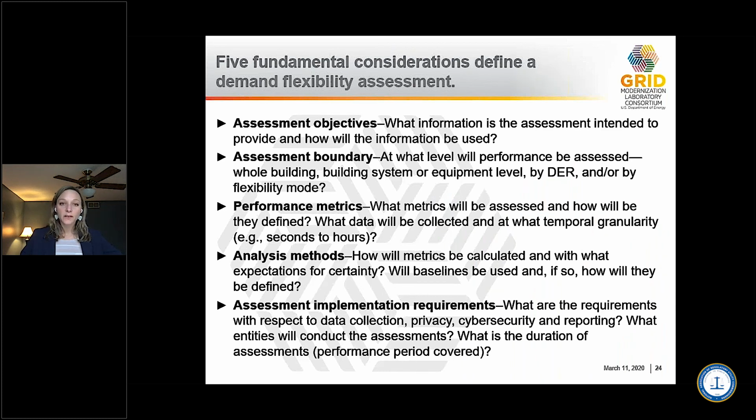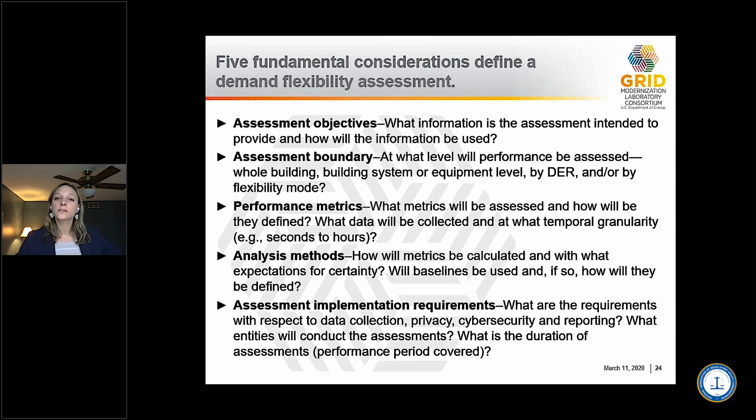The forthcoming report identifies five fundamental considerations to define a demand flexibility assessment, which are shown here. What are the objectives of the assessment? What is the boundary, meaning, is it a whole building or a system or equipment? What DERs are you looking at? The performance metrics, which I'll talk more about for a few slides: what metrics will be assessed and how will they be defined?